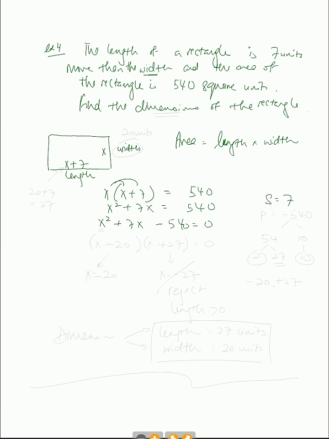So the sum I'm looking for is 7, and the product I'm looking for is negative 540. So pick a pair of numbers. So let's say I pick 54 and 10. 54 and 10 will give me 540, but unfortunately it doesn't give me 7. Okay, so I'm going to break down the 54.